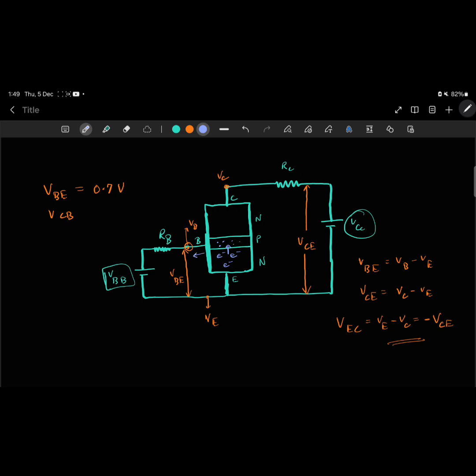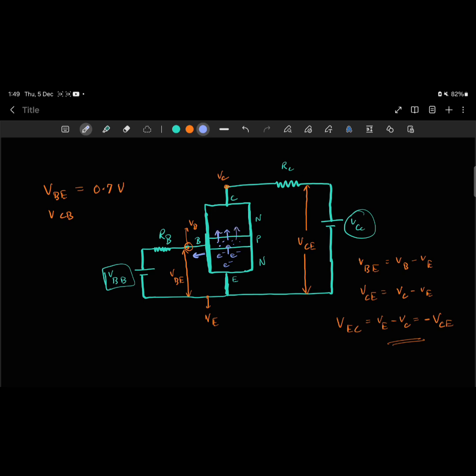One is towards the left, towards the resistance RB, and the other is into the collector. Now most electrons move into the collector region because the base is lightly doped and it is very narrow, which means that the number of holes which can combine with the electrons is less. Hence, most of the electrons can escape from the base region into the collector.